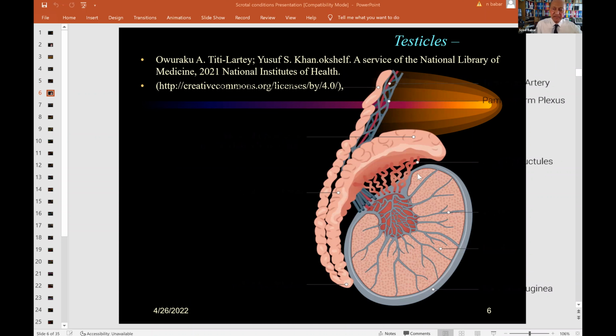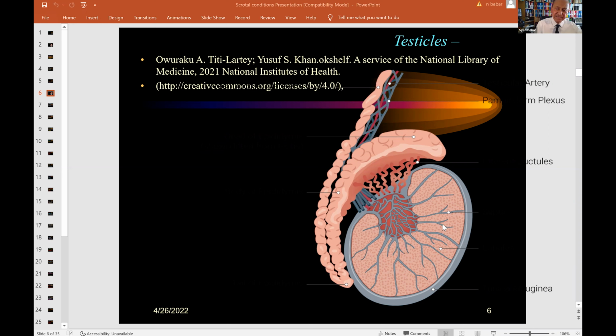Once again, the testicle is bean-shaped, 3 to 4 centimeters in this direction, 3 centimeters in that direction. Seminiferous tubules open into the hilum and go up for storage of sperm and release of hormones, which is testosterone, in the head of the epididymis, in the body of the epididymis, tail of the epididymis, and then of course through the vas deferens, and eventually opening into the ejaculatory duct with the seminal vesicle.